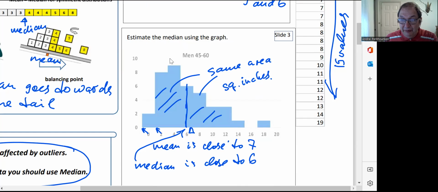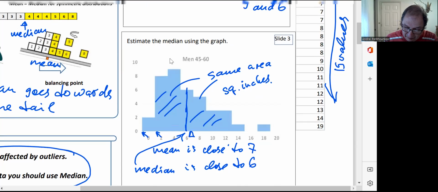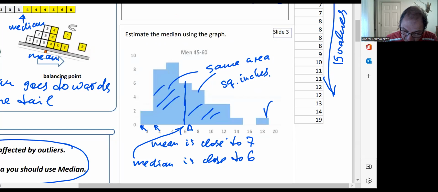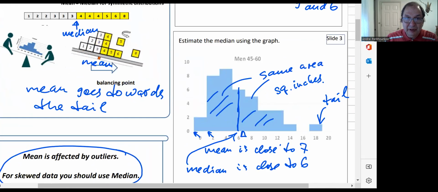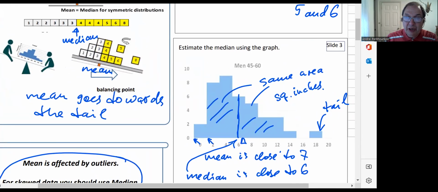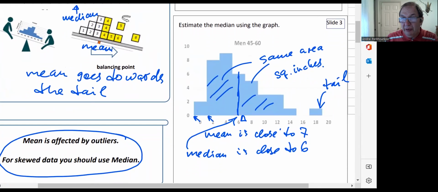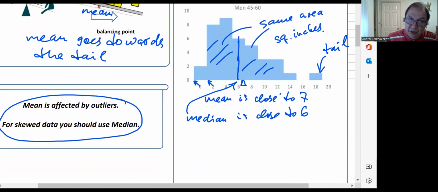And obviously, if it's a skewed right histogram, this is our tail here, and the tail does affect the balancing point, but area does not change as much. And so here is your explanation why the mean is affected, but not the median, by those extreme data values and skewedness. So that's what we did so far.